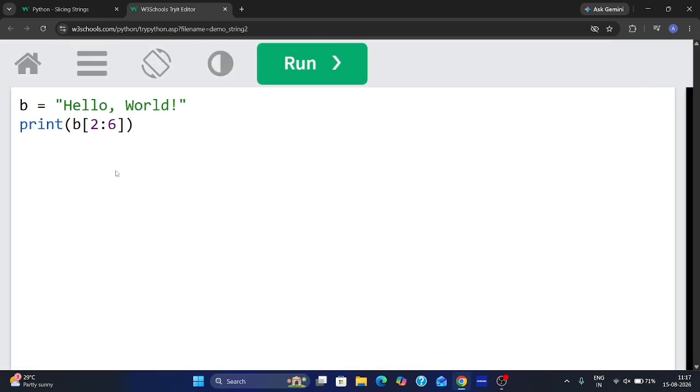Let's see again: H is 0, E is 1, L is 2, L is 3, O is 4, the comma is 5. This white space is 6, W is 7, O is 8, R is 9, L is 10, D is 11, and this is 12.